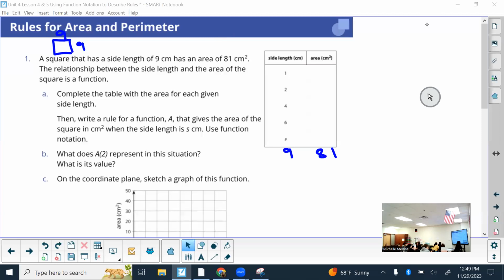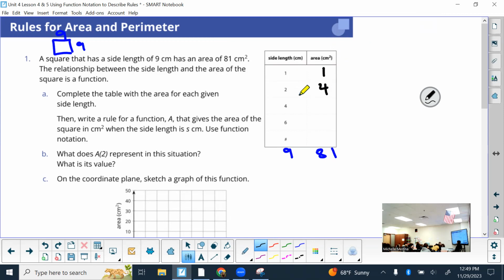Table 3, when the side length of a square is 1, what's my area? Okay, 1 centimeter square. And then table 4, when my side length is 2, what's my area? Yes.